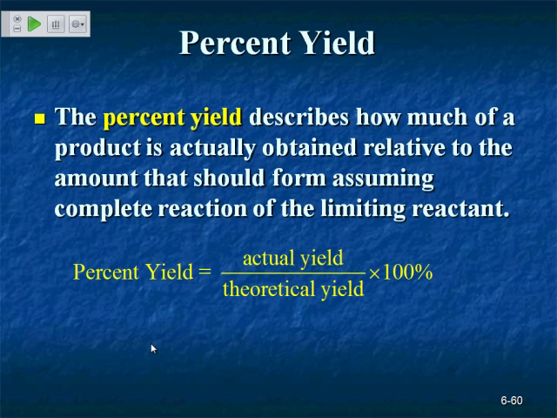But when you actually perform a reaction in the lab, all conditions may not be perfect and not every molecule of the limiting reactant may react. Because of those factors, we will always get a lesser amount than you would calculate. There are some reactions where you can go very close to the theoretical yield. There are some reactions where no matter what you do, you will always have a considerable amount less than what you would predict.